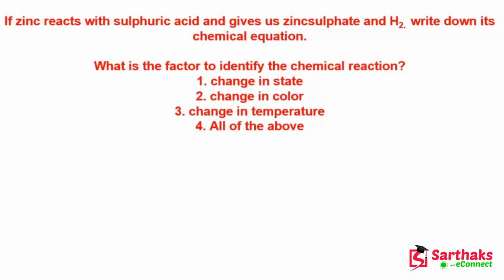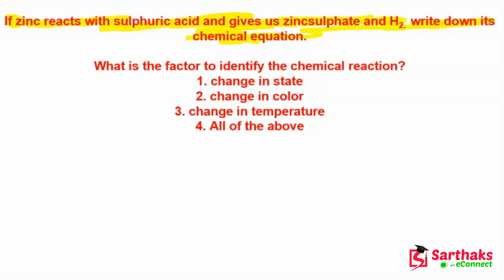Let's read these examples and, on the basis of the knowledge we have gained in this lecture, try to solve them. This is example number one: if zinc reacts with sulfuric acid and gives us zinc sulfate and hydrogen, write down its chemical equation.